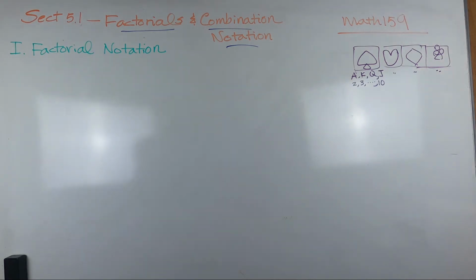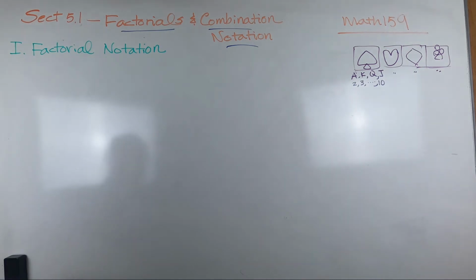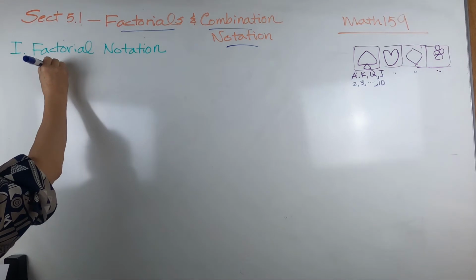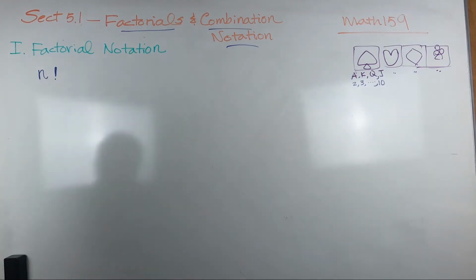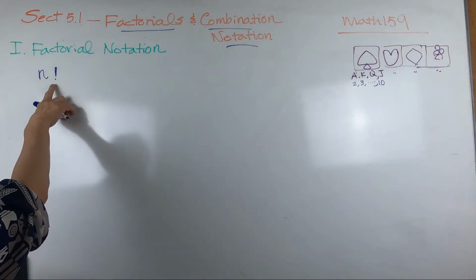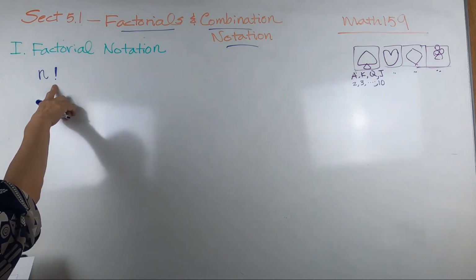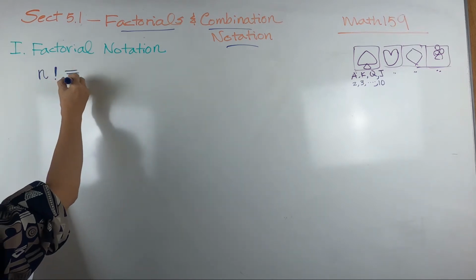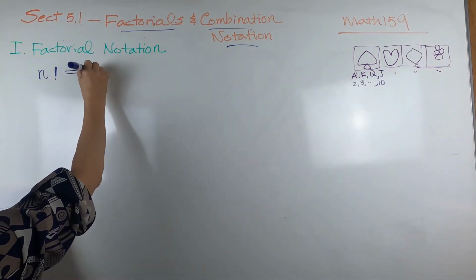Let's talk about factorials first. What kind of symbols do we use? We say n factorial. You have an exclamation mark on your calculator as well. This one means n is any positive number, 1, 2, 3, all that.